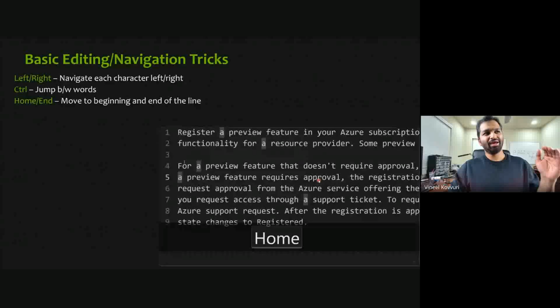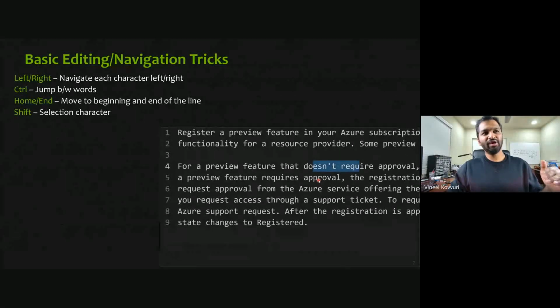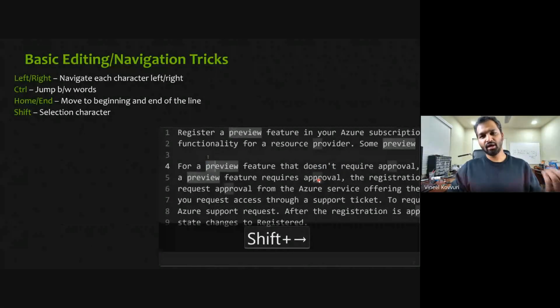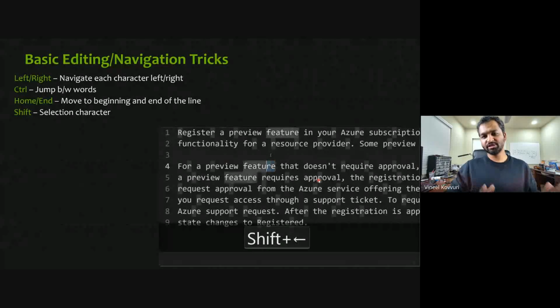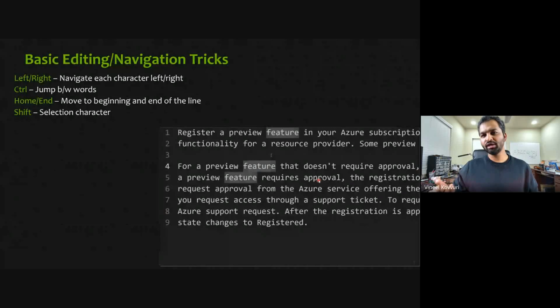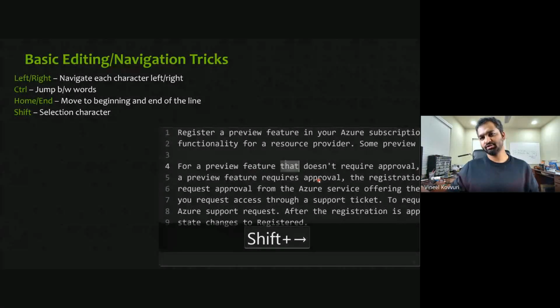Now, the other thing is we have shift. Up until now, control or arrow keys only navigate the cursor, but they don't select anything. So that's where shift comes into the picture. Arrow keys are for navigation, shift is for selection. So when you do shift left arrow, right arrow, it basically selects the text.